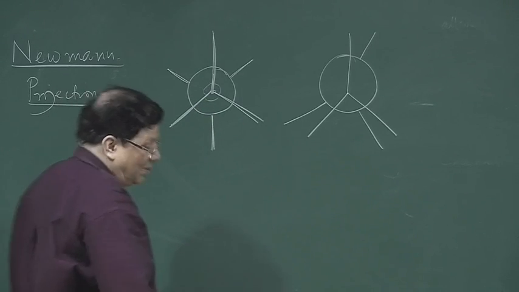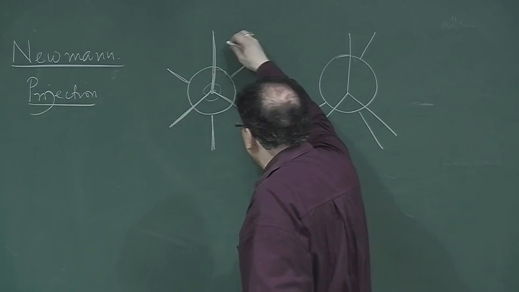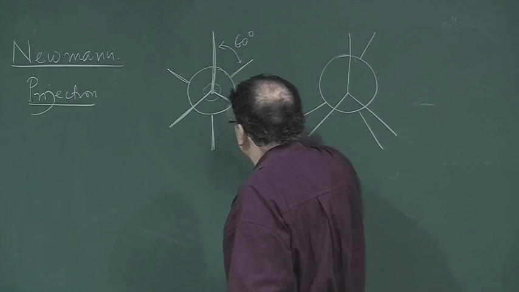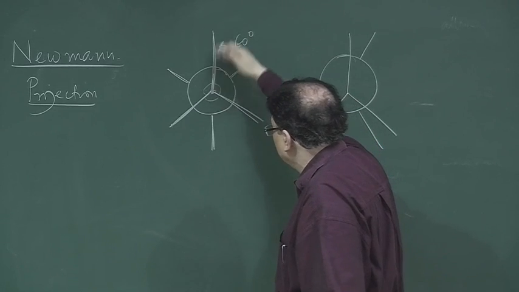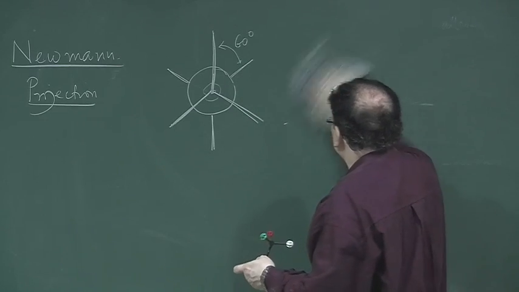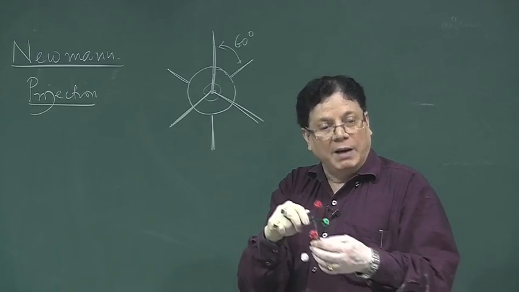Now, there are extreme cases, like in this case, what is the dihedral angle between these? This is 60 degrees. The dihedral angle between the planes containing these bonds is 60 degrees, and there is another extreme conformation. These are called conformations. I will come back to that.